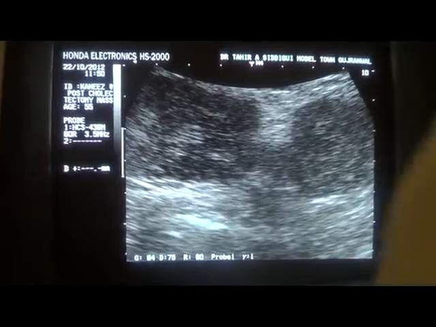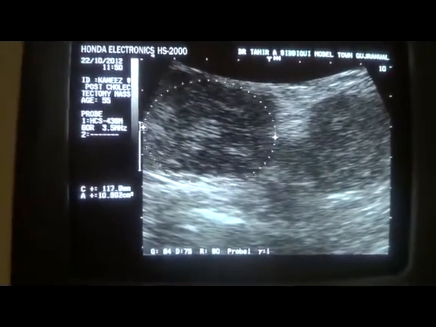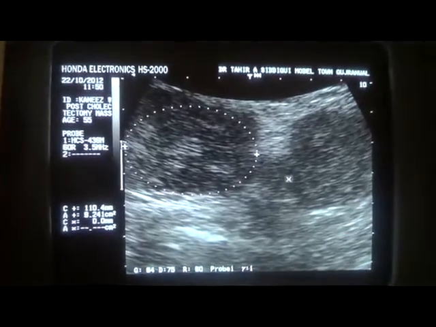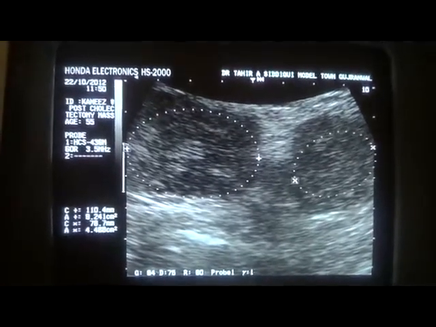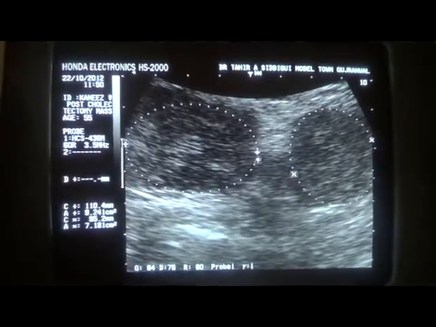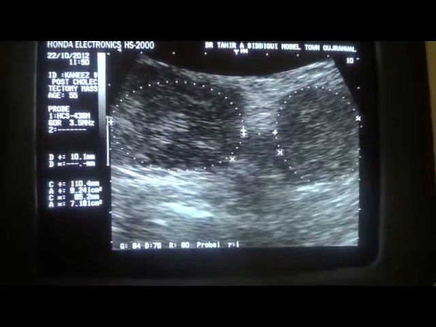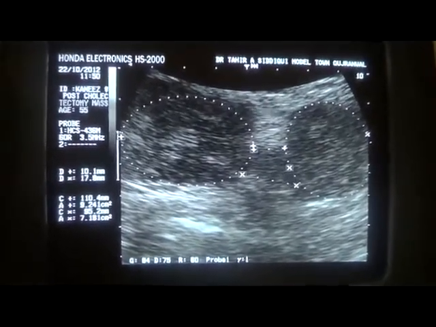So these are the two masses. And here is the communicating point between the two subcutaneous collections.